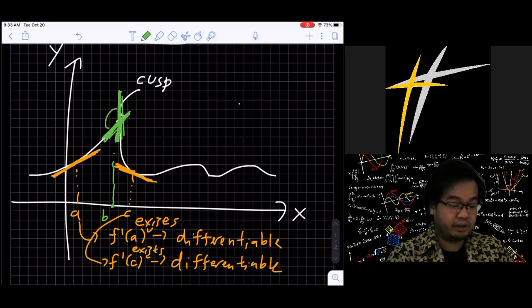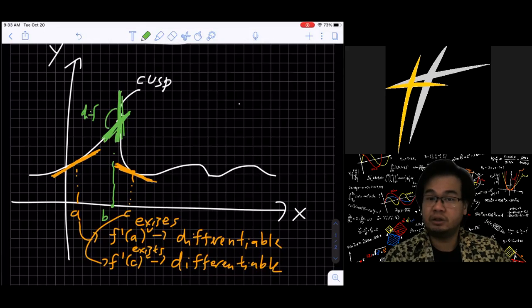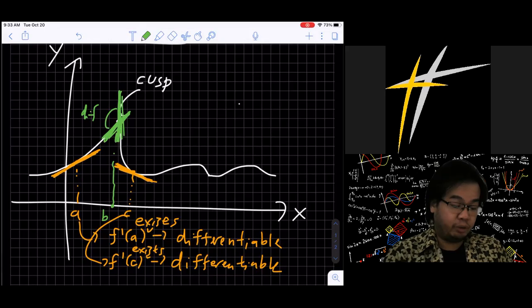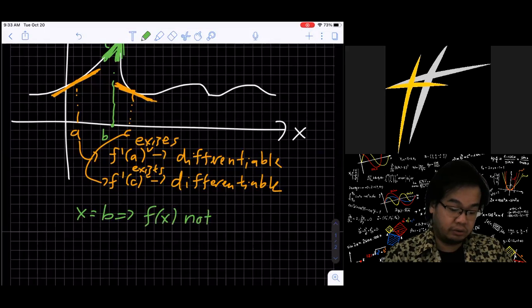So they are different, right? It means that the limit from the left is not equal to the limit from the right. Therefore, the limit doesn't exist. And we can conclude that when x equals b, f(x) is not differentiable.